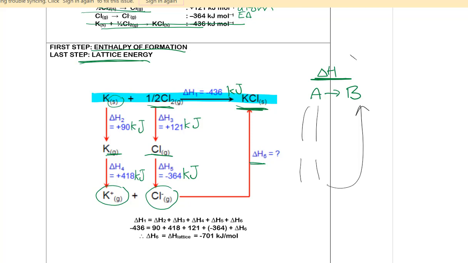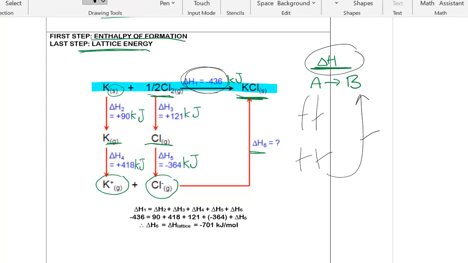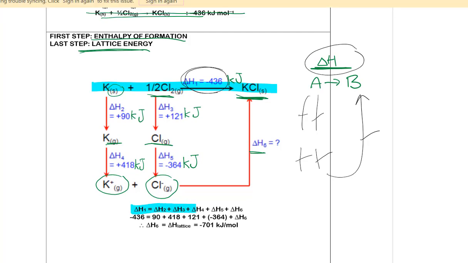Okay, so delta H1 here is equal with delta H2, 3, 4, 5, and then 6. Okay, so delta H1 here, formation here, sama juga dengan kita tambah yang lain. Dia macam applying Haber's law. So, kita insert the value. So, kita nak cari delta H6.